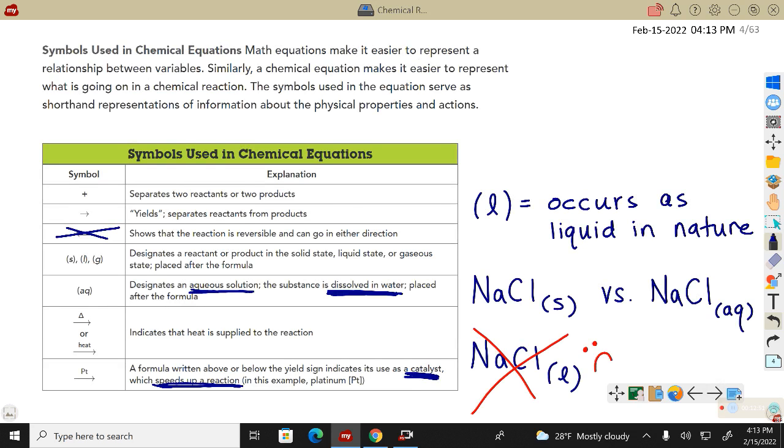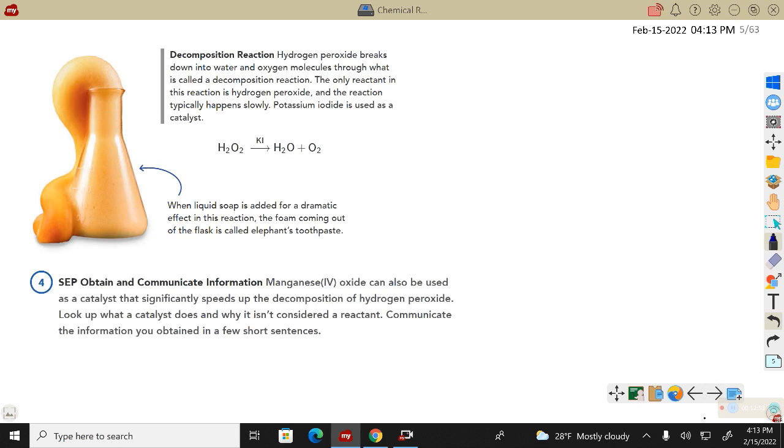Now they do mention one other reaction at the end here, this decomposition of hydrogen peroxide. Here's another good example of a skeleton equation. At the beginning here it says hydrogen peroxide breaks down into water and oxygen molecules through what is called a decomposition reaction.